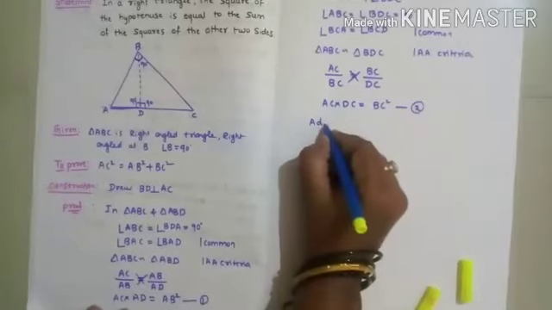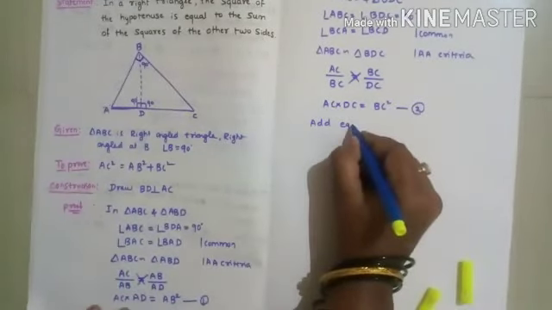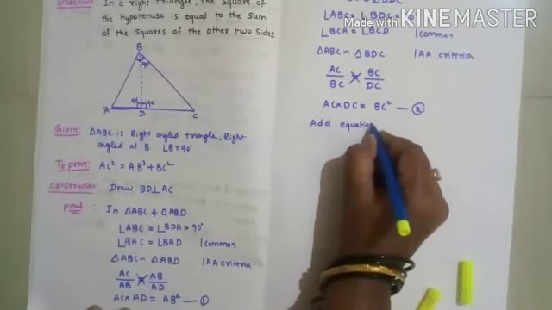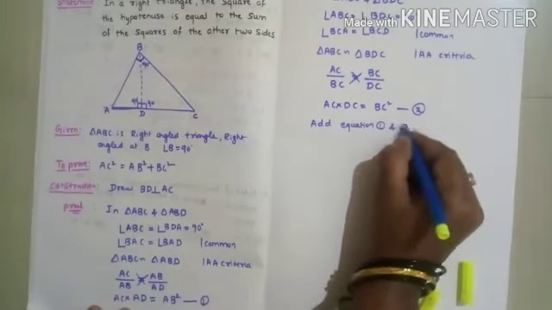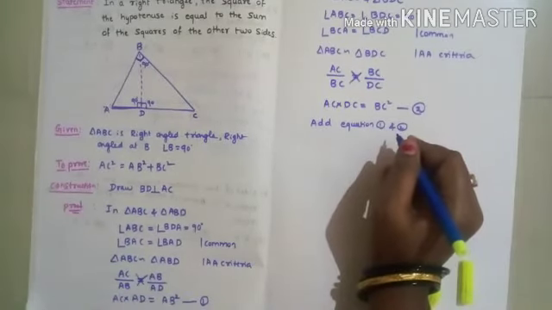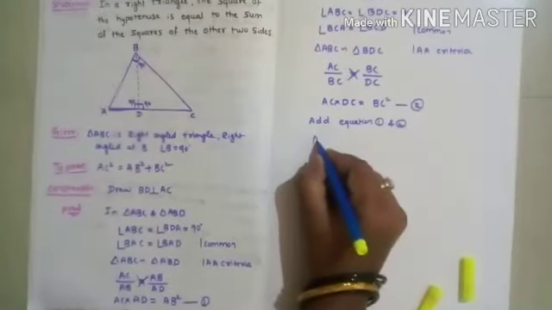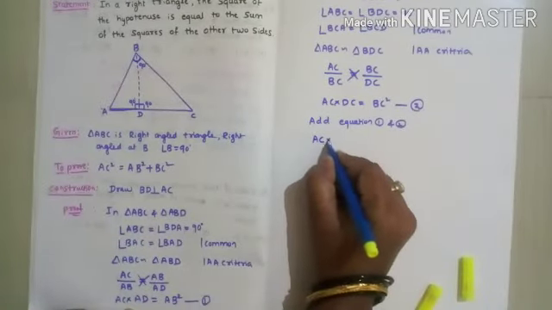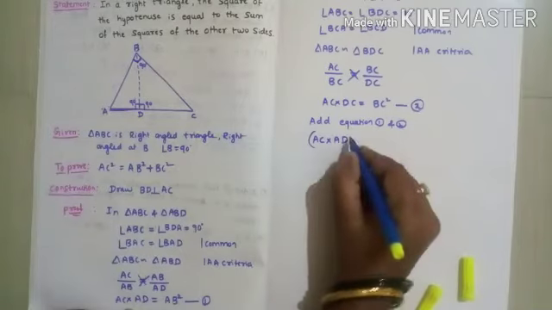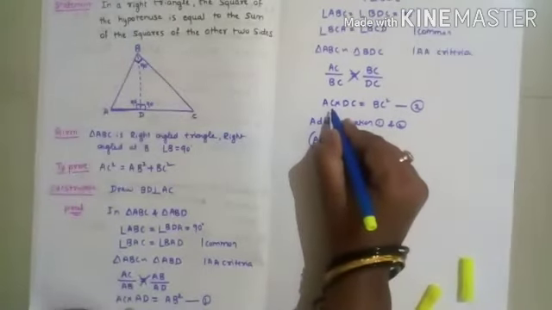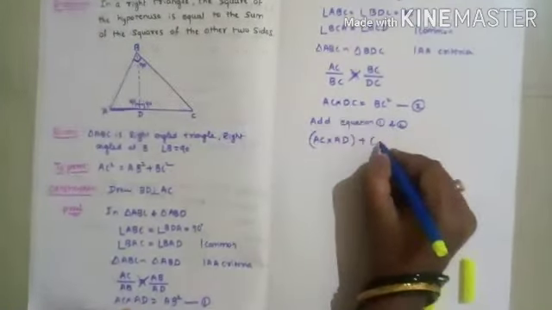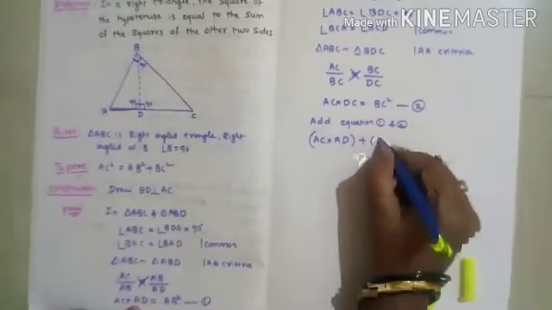Now we have to add equation 1 and equation 2. Equation 1 is AC into AD plus, here the right side, the left side, that only we should add with the left side, right side with the right side.